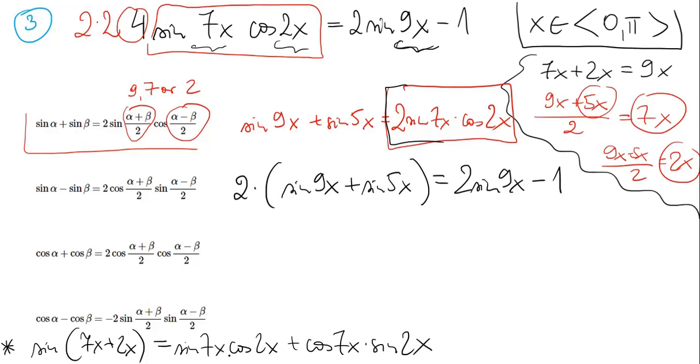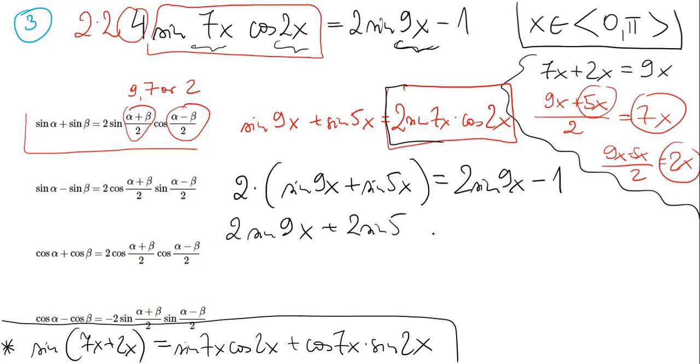Okay, and down here, I am showing you what kind of formula we could also use to get the answer. We would just substitute 9x as 7x plus 2x, and there's a different formula, which I'm writing here, down here. You could use this one, which I'm going to show you further in the video, and it would also lead you to the answer, but you have to be careful with these formulas.